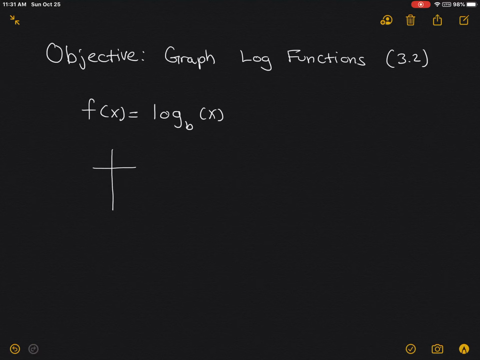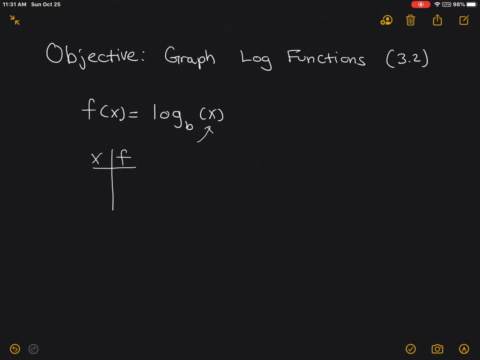So with any function, you start by plugging in some points, and even though there are no numbers here, you want to think about what you can plug in for x such that you don't need a calculator to evaluate.